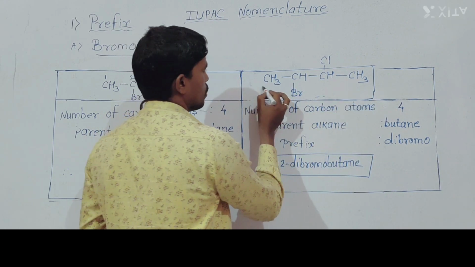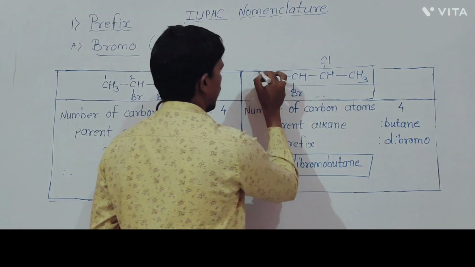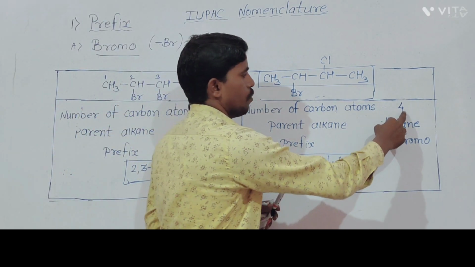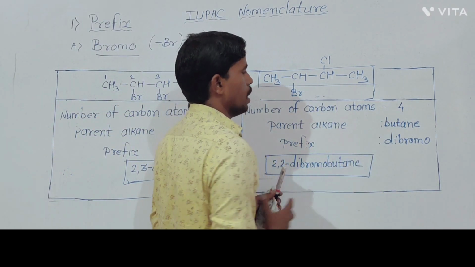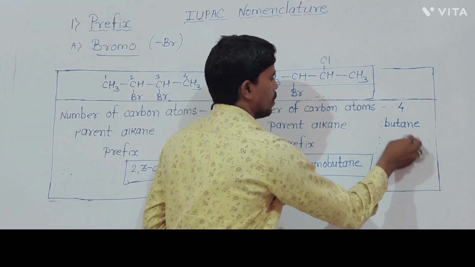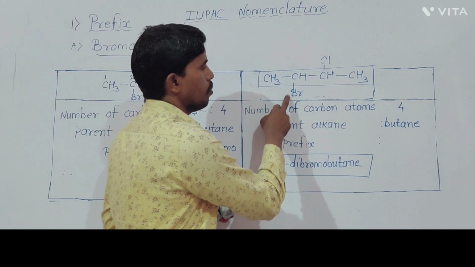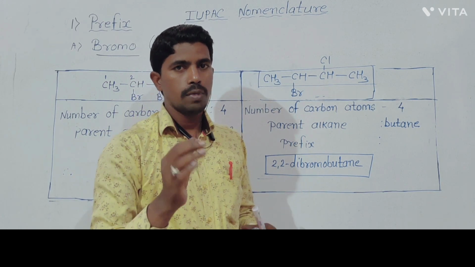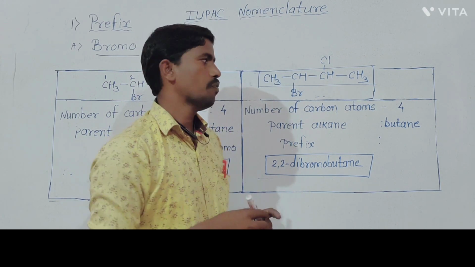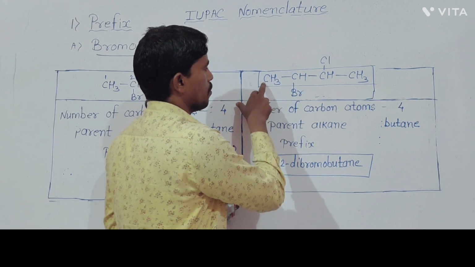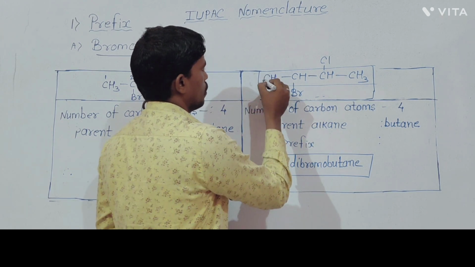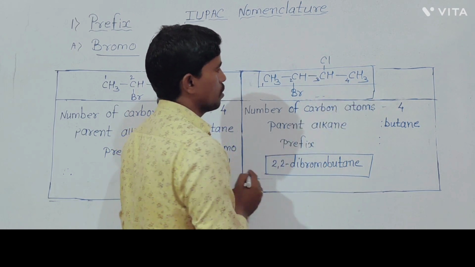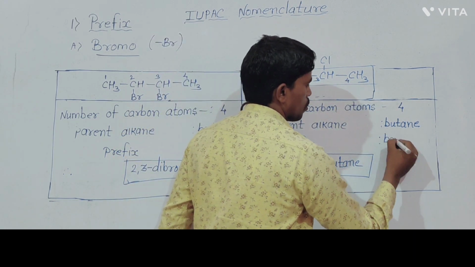Select the longest continuous chain of carbon atoms. Here, the number of carbon atoms is 4, the parent alkane is butane, and we should use the prefixes bromo and chloro. B comes first, therefore we should start numbering from this carbon atom. Here, this is 1, this is 2, this is 3, this is 4.